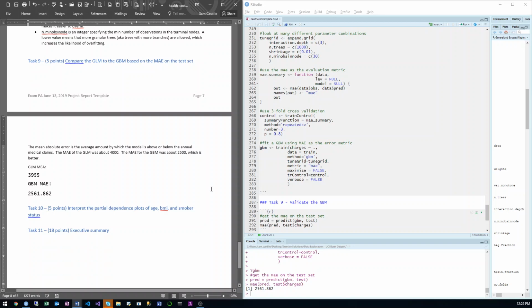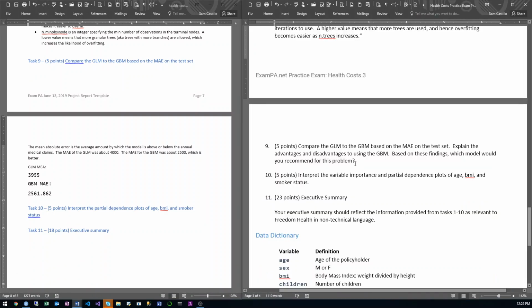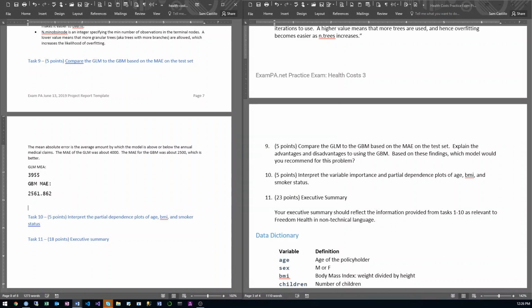Okay, and this also asks to compare advantages and disadvantages. So advantages, disadvantages.